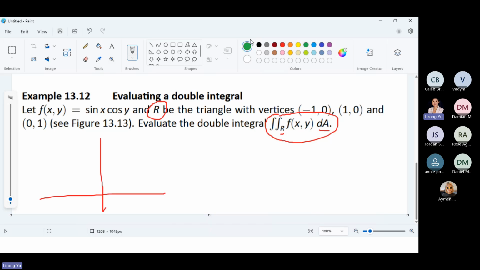Here are the 3 points. The first point is -1, 0. The second point is 1, 0, which is here. The last point is 0, 1 here. So we've got an integration region like this.